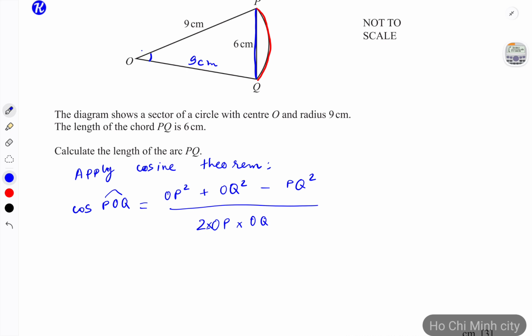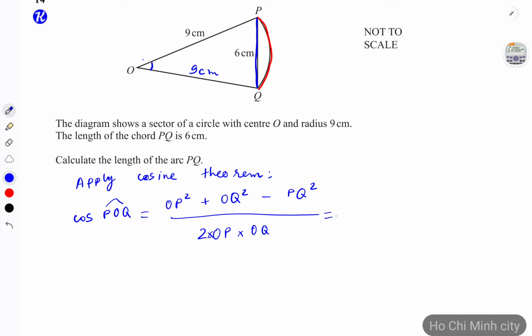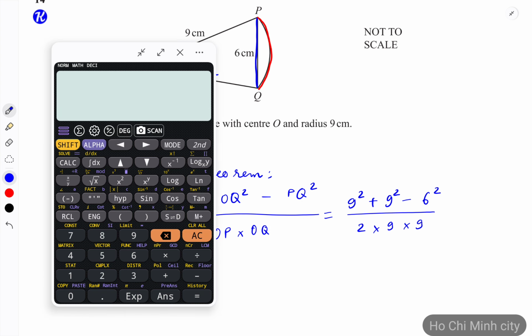All right, so it's time to plug these values into this equation. We have 9 squared plus 9 squared minus 6 squared, divided by 2 times 9 times 9. 81 plus 81 minus 36, over 2 times 81.